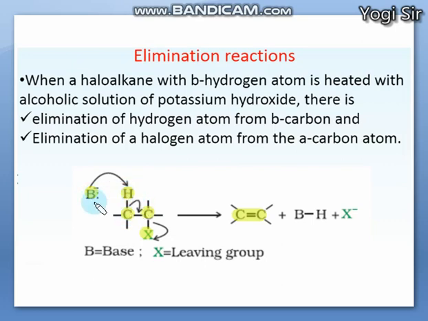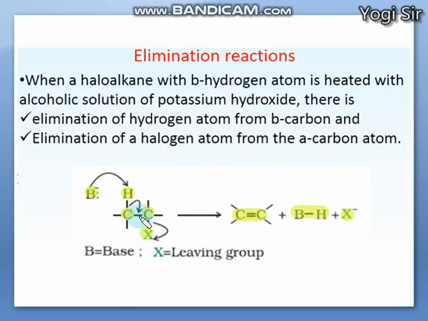And it will produce BH as a byproduct, and the halogen is removed as the halide ion X minus, and there is formation of a double bond between these two carbons. That's why it is called elimination reaction, that is removal of beta hydrogen and removal of halogen from the alpha carbon, right?